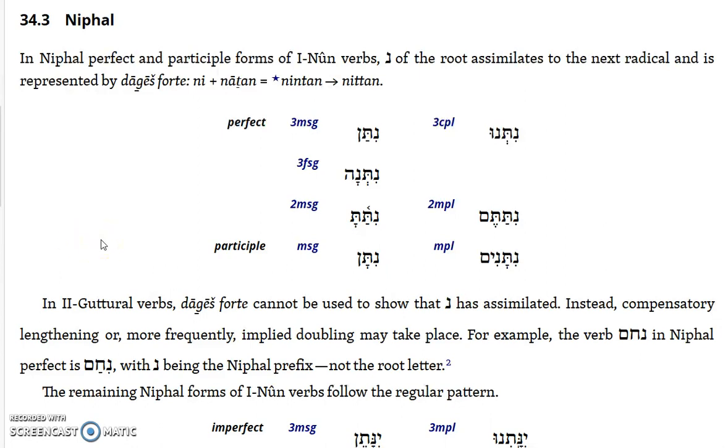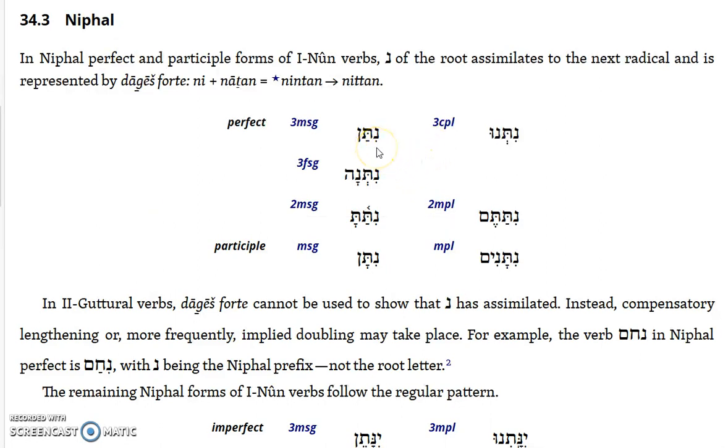There are also issues that come with the niphal. The niphal perfect and participle forms of the first nun verb will have the nun assimilating into the next radical and being represented by a dagesh forte.